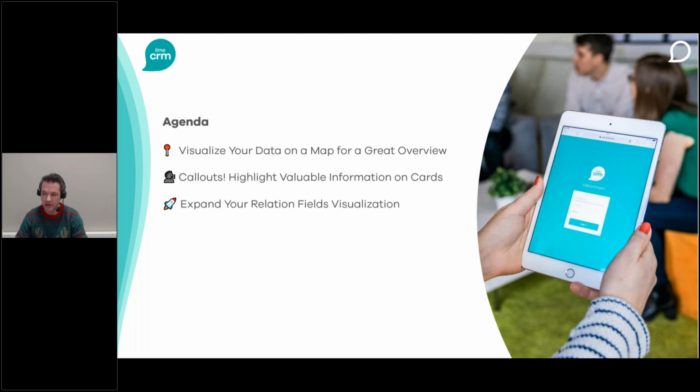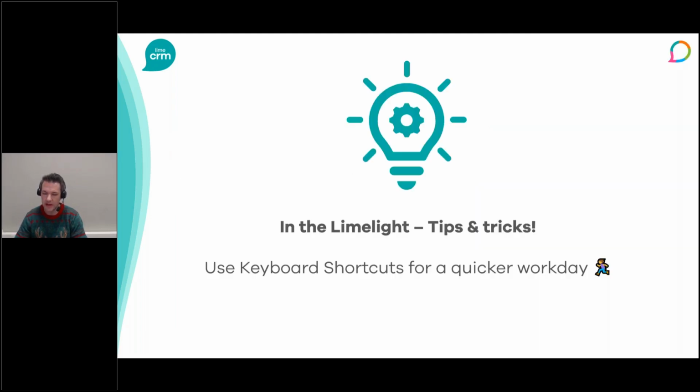But before we get started, I will give you the tip and trick of the day, something that you might not know about, but something that will make it even easier to work in Lime CRM. And today, I will show you how you can use keyboard shortcuts as well as the new user settings we have.